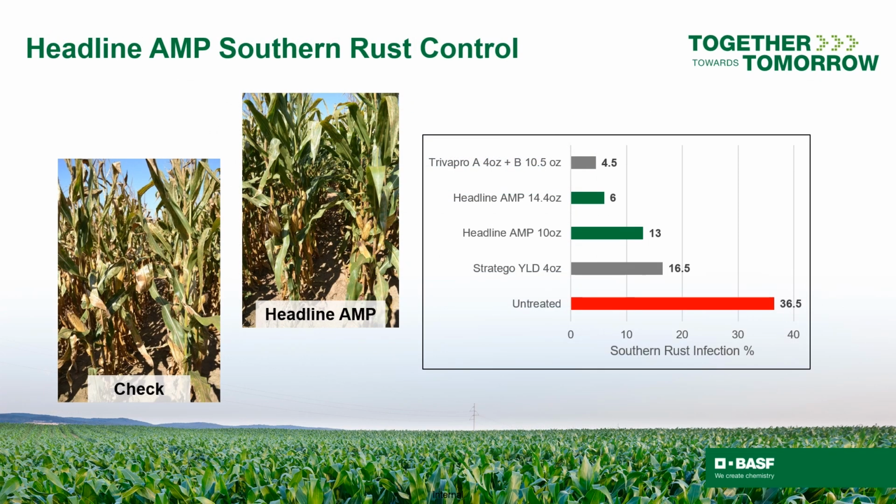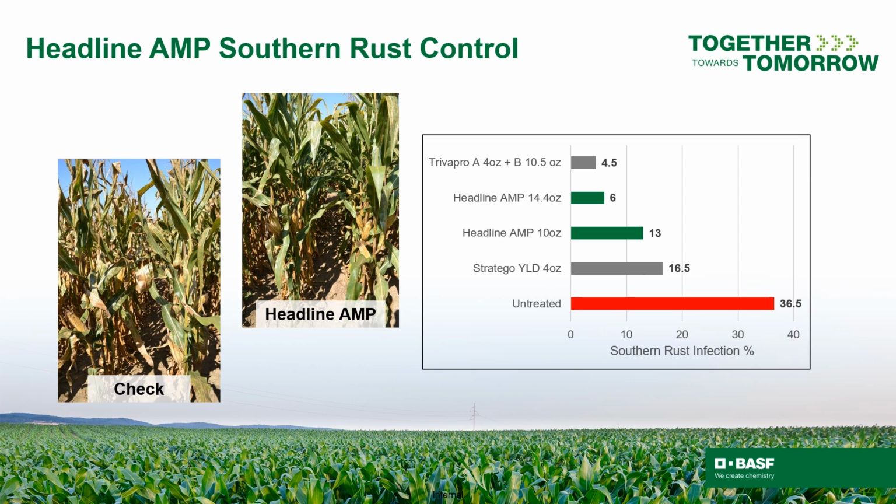I also wanted to focus really quickly on another disease, southern rust, that just like tar spot, if it does come in at high levels, can have a pretty significant impact on our crop. I pulled some data from a study that was conducted a few years ago down in Kentucky and Tennessee, where we included Headline AMP at a couple different rates.